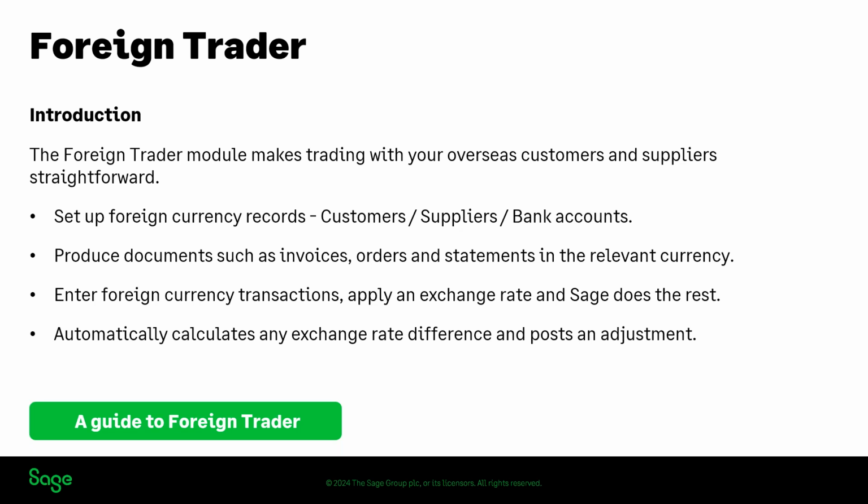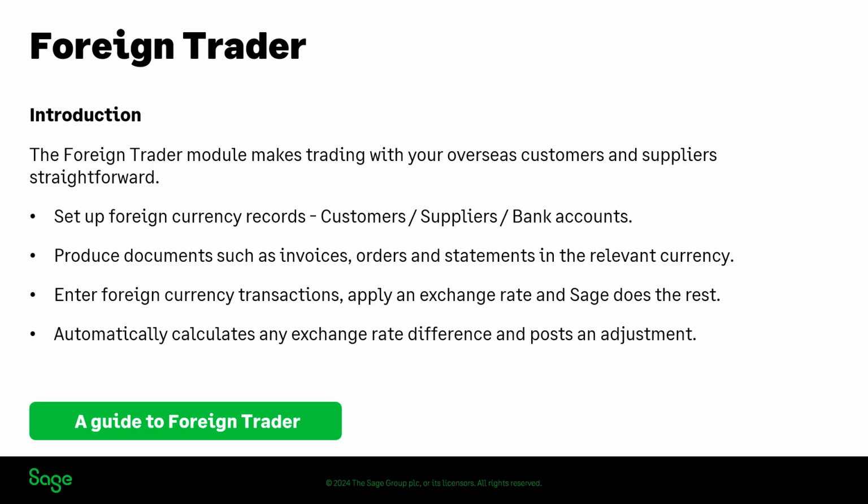So as I say, you can set your foreign currency records up for customers, suppliers, and bank records. We'll see that in a moment. You can produce documents such as invoices, orders, and statements in the relevant currency. You can obviously enter foreign currency transactions.